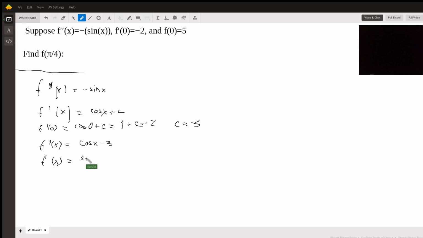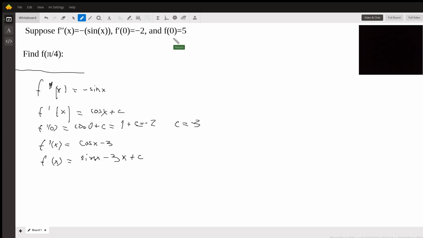This is going to be sine x minus 3x plus another constant. Because when I differentiate this on both sides, I'm going to get f prime of x on the left, and on the right, I'm going to get cosine of x minus 3 plus 0.